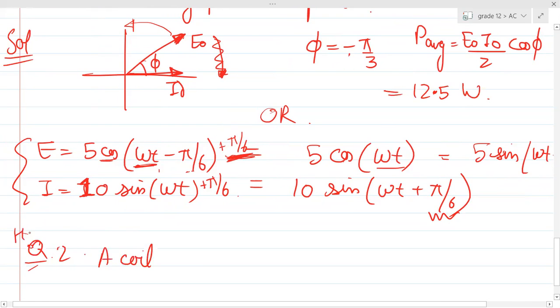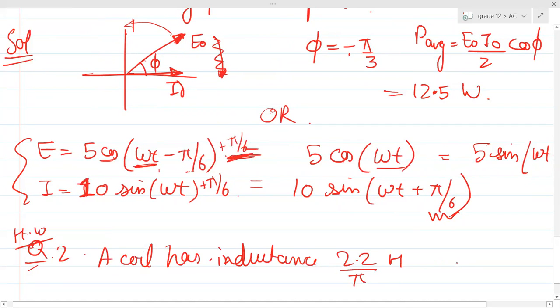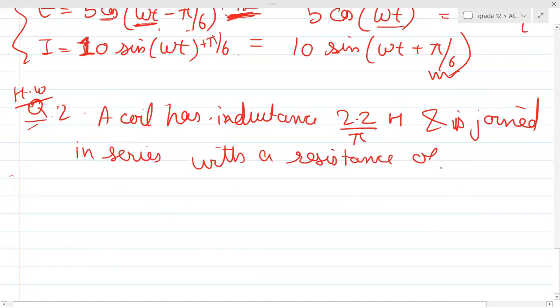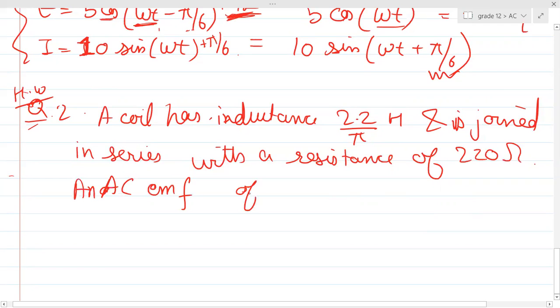Coil, homework. A coil has inductance 2.2 by pi Henry and is joined in series with a resistance of 220 ohm, and AC EMF of 220 volt at 50 hertz is applied.